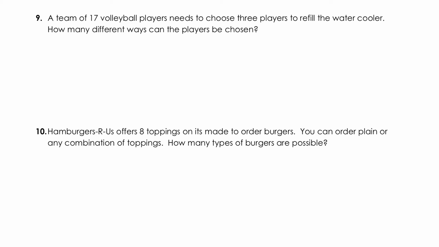All right, and these last two, a team of 17 volleyball players needs to choose 3. And so this would be, because the order does not matter, those 3 players are not going to be assigned a specific position. And so this is a combination. So you're going to enter the total 17, combination, choose 3. So on your calculator, remember you can go to math, scroll over to PRB, and then number 3 is the combination.